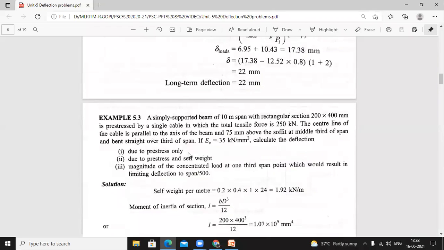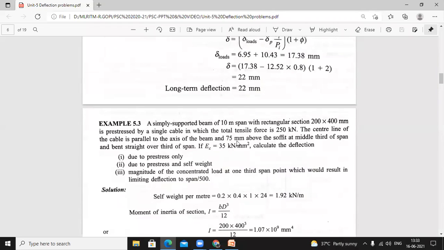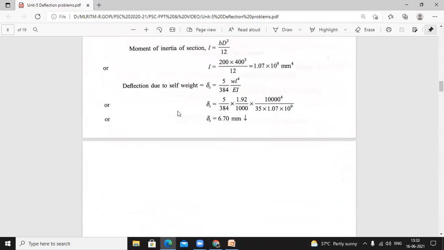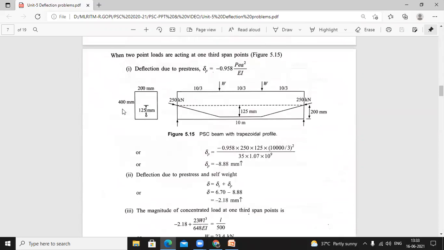In the question you can see they mentioned 75 mm above the soffit. They didn't give the eccentricity directly, they gave it indirectly. So what is the overall depth? 400 mm. What is the center? You can see the center of the beam is 200 mm.